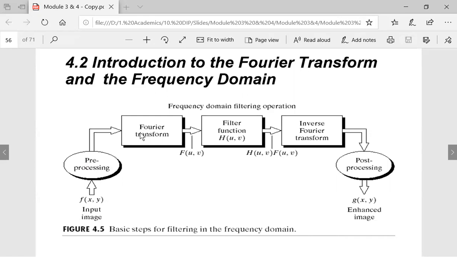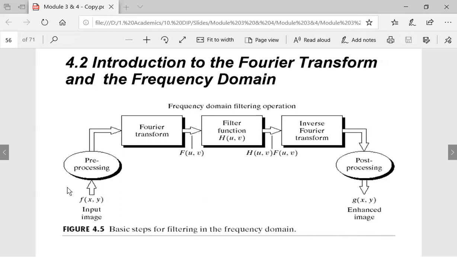Then Fourier transformation gives F(u,v). As the filter function, you use H(u,v), which you multiply with the original F(u,v). Then the inverse transformation is done, multiplying by (-1)^(x+y). Then you get post-processing, that is g(x,y), the enhanced image.